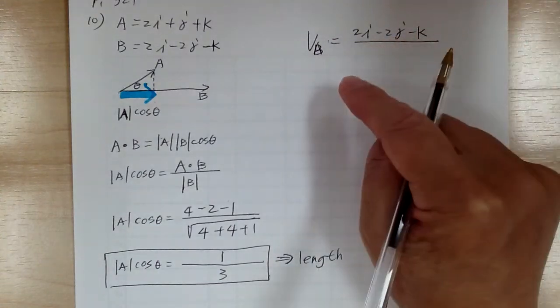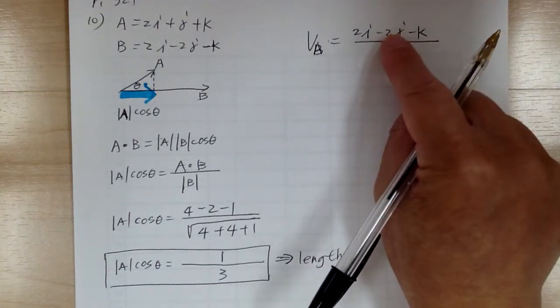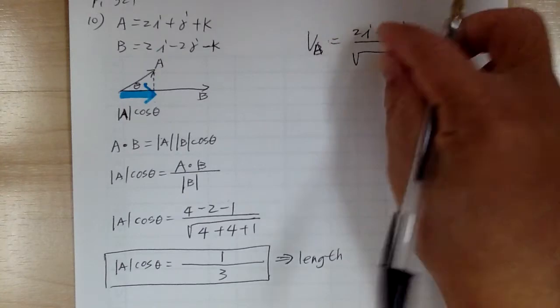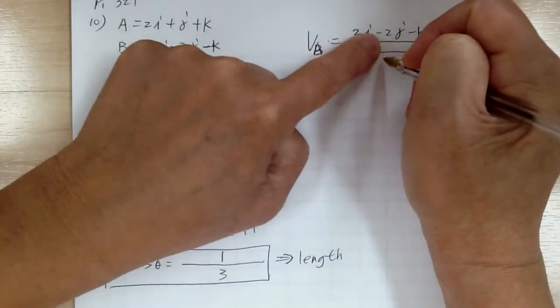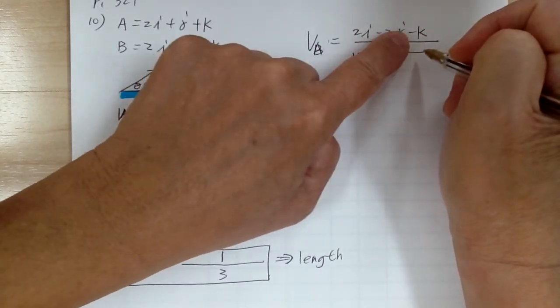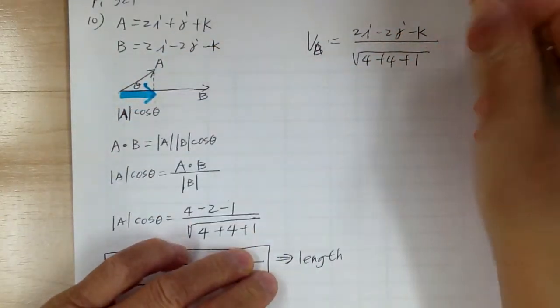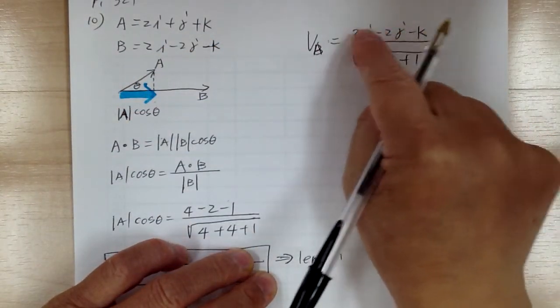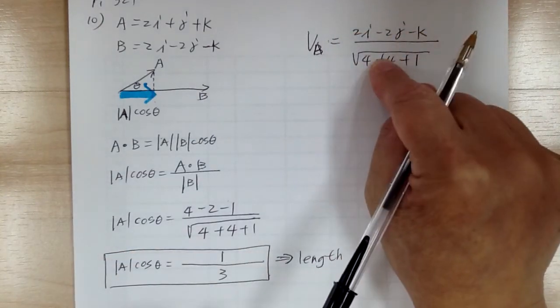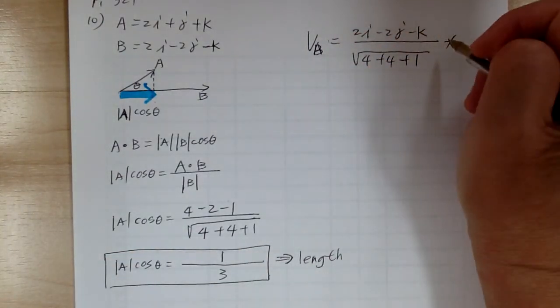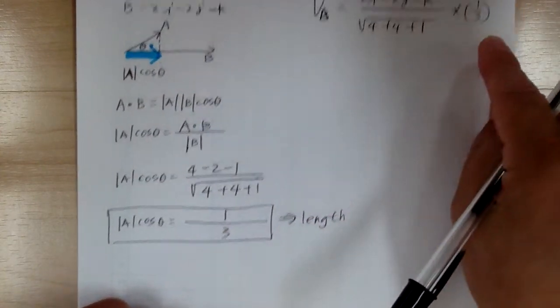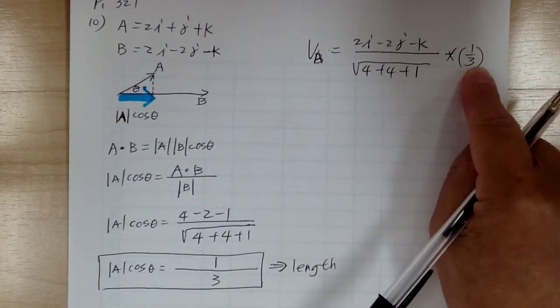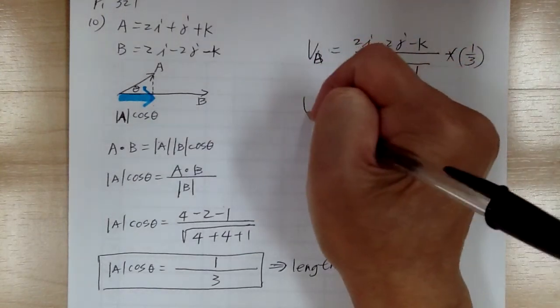Now we have to get our length correct. To get the correct length, first we divide by its length to get a length of 1. 2 squared is 4, negative 2 squared is 4, and negative 1 squared is 1. So we divide by its length, and now we have the direction and a length of 1. Then we multiply by the length that we want, which is 1/3.